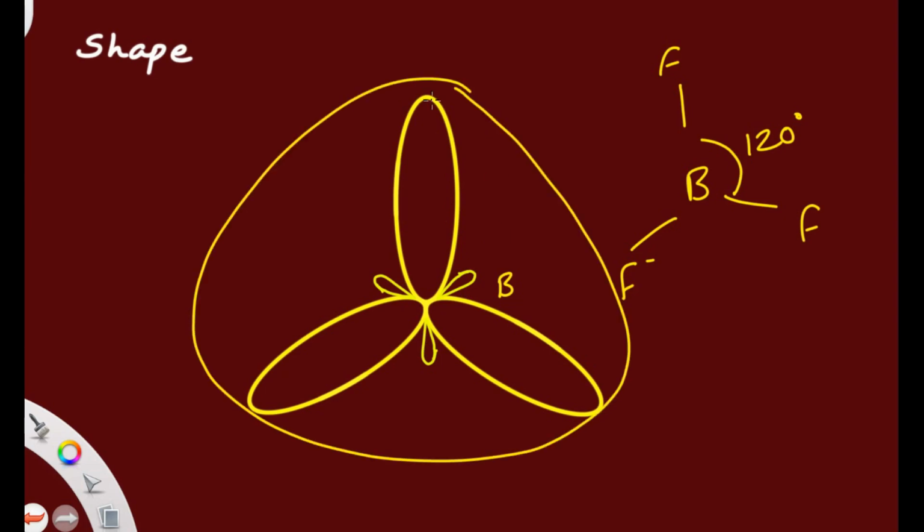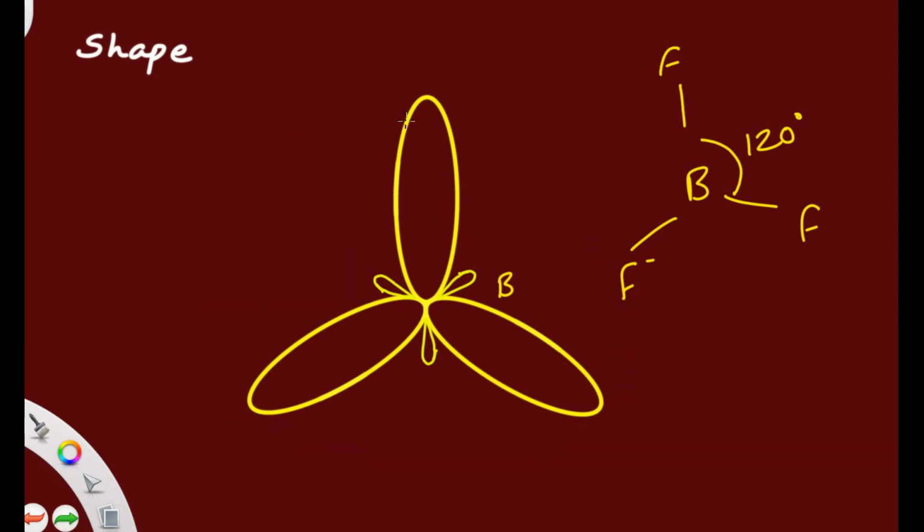This whole is sp2 hybrid orbital of boron. The fluorine will attack not from the s orbital. The fluorine will be using its p orbital, and the bond formation will take place. So that's how the bond formation takes place in BF3 according to the hybridization concept, right?